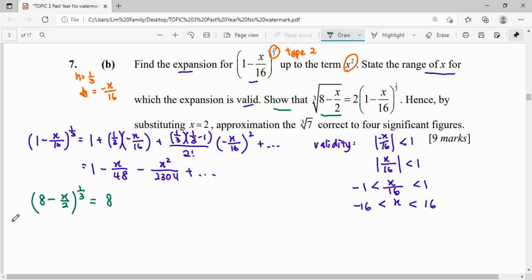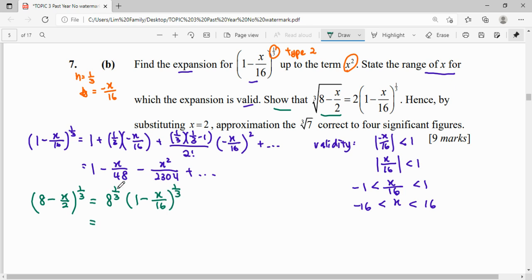Once we factorize 8, this 8 has to become power 1 over 3 also, because it is taken out from this bracket which has power 1 over 3. And inside the bracket, when we factorize out 8, meaning it is divided by 8, we get 1, and for this part, when we divide by 8, it becomes x over 16.